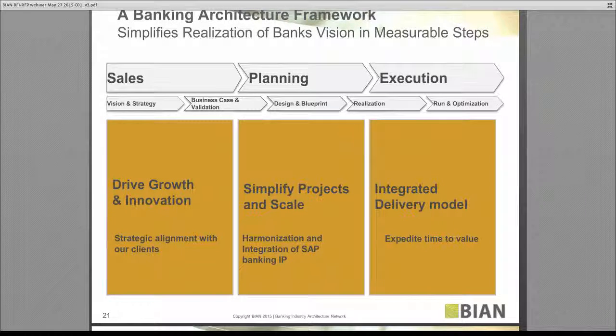And as a third step, as soon as a concrete planning has been done, then we can come up with the detailed realization of the components which have been selected. So selection of the concrete solutions, what you do with vendors, what you do in-house, that happens in the planning phase, and then assuming now that a vendor with a packaged solution has been selected, the delivery of the concrete solution happens in the execution phase.